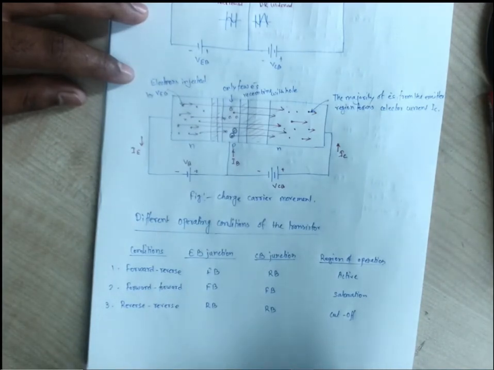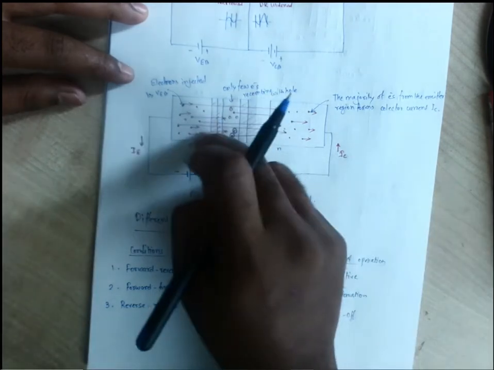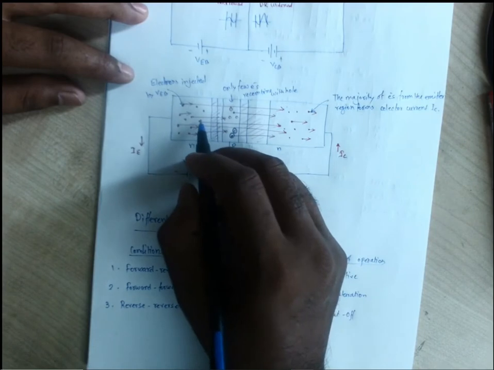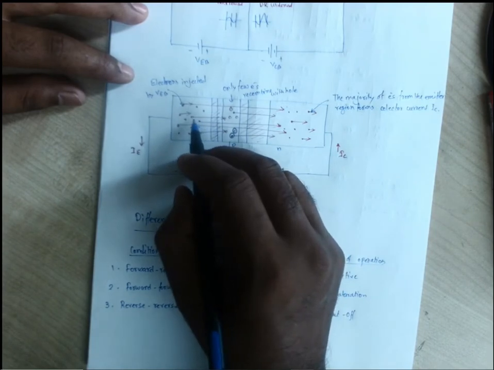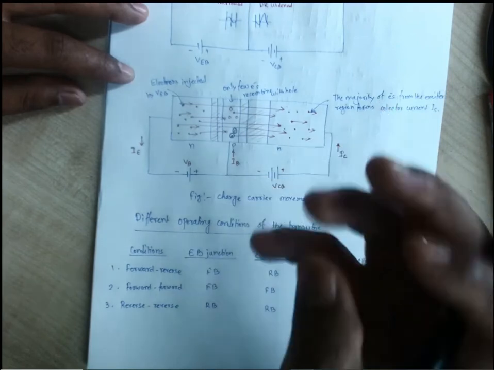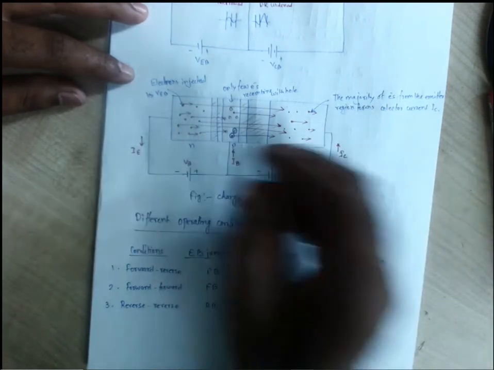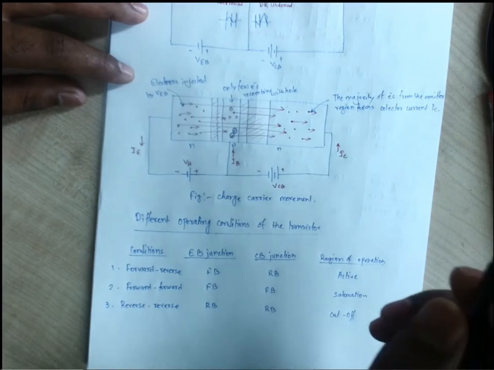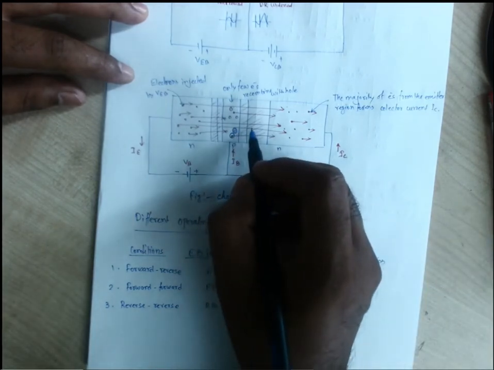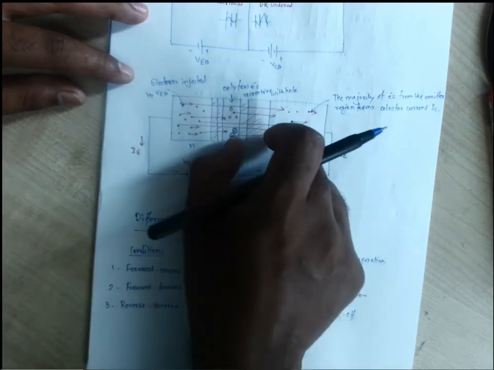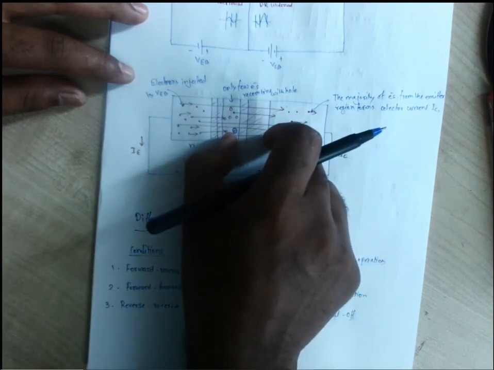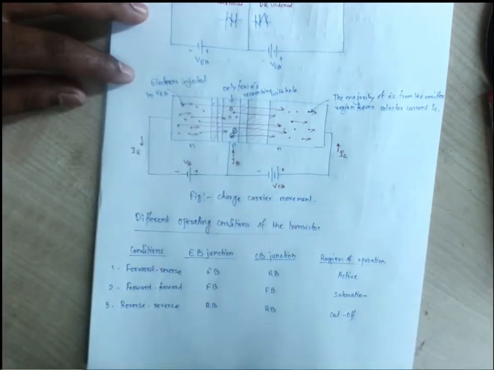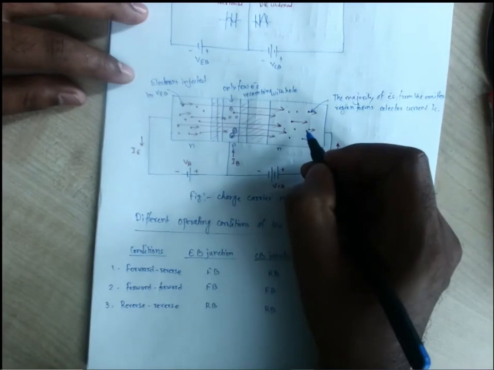Now when we give biasing, the input side is forward biased and the output side is reverse biased. On the input side, the charge carriers find the easiest condition to be injected into the emitter base junction. Now, as the other side is reverse biased, they need to move across a wider region to reach the collector region.